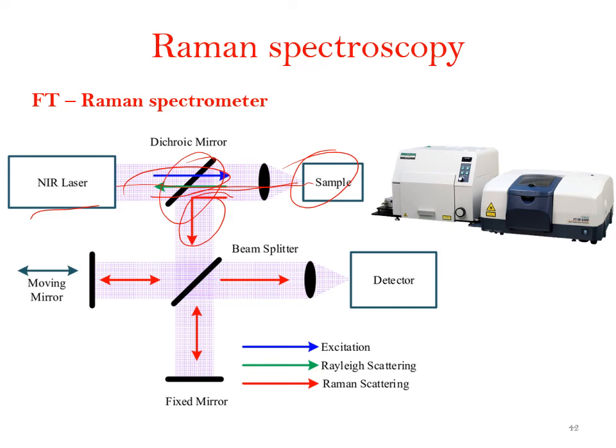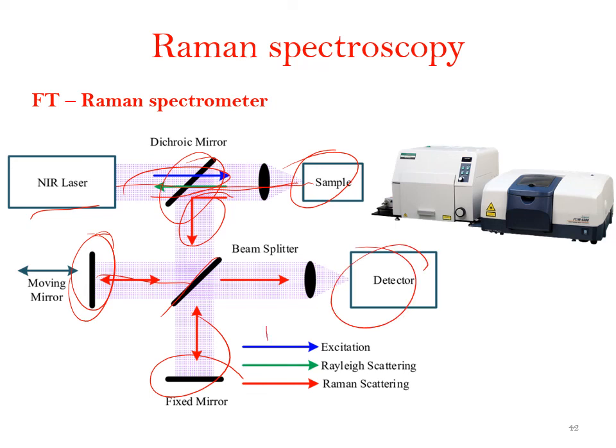Then the beam splitter sends the Raman scattered light to the fixed mirror and the moving mirror. That means the Michelson interferometer technique will be used. If you have a fixed mirror and a moving mirror, the Michelson interferometer principle is being used. Then a detector records the signal and passes it to a computer for decoding.